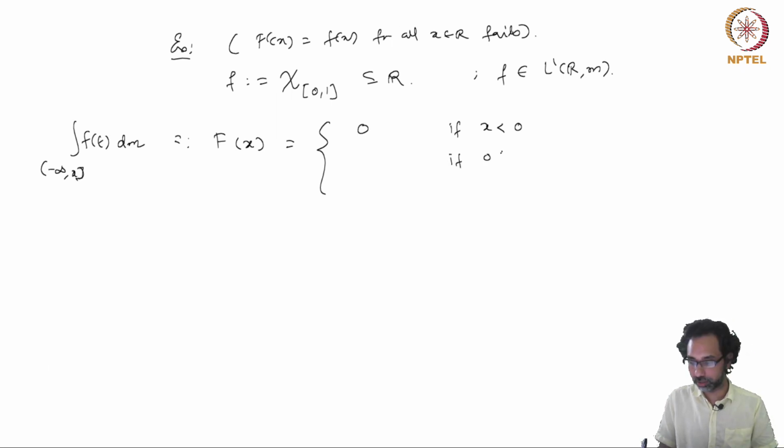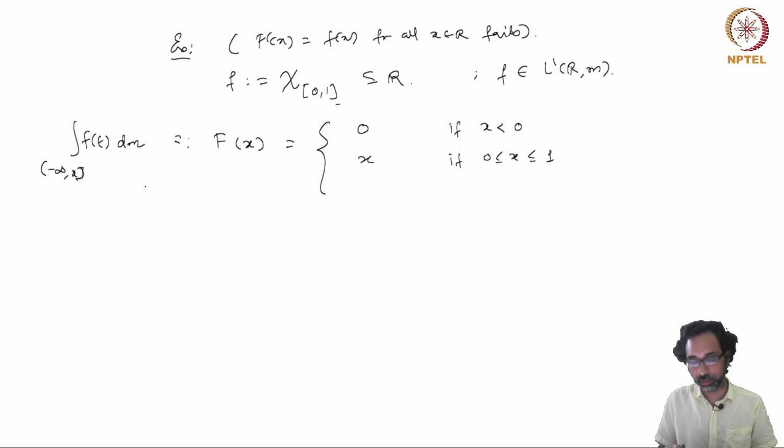Now if 0 is less than or equal to x less than or equal to 1, then one can easily compute that capital F of x is simply x, because this characteristic function of [0,1] is integrable, because [0,1] is Jordan measurable.